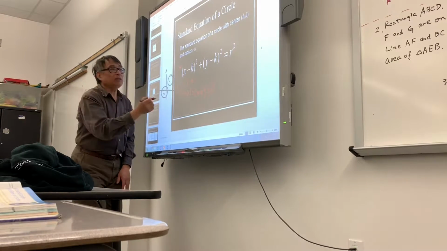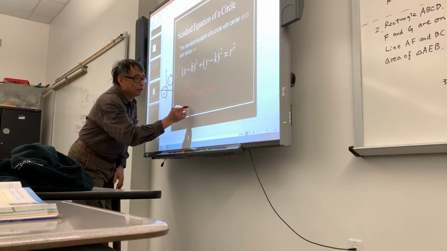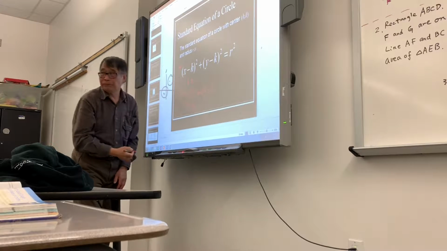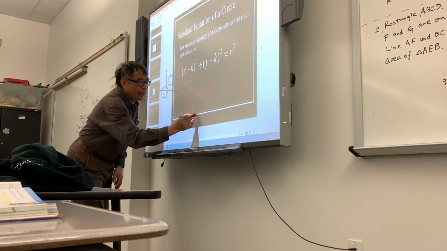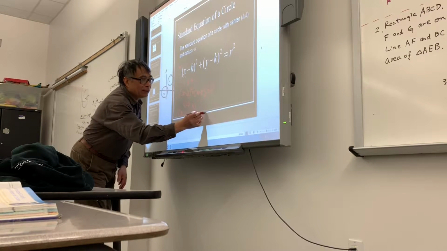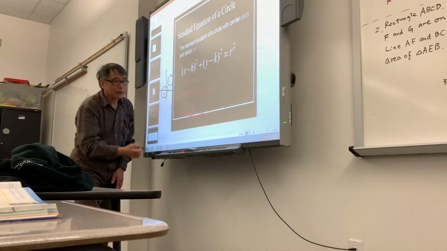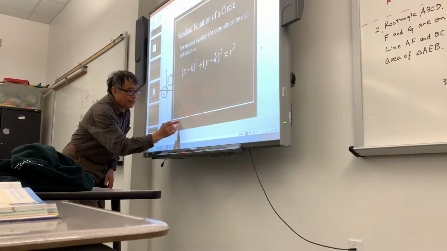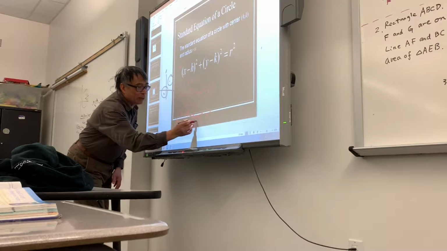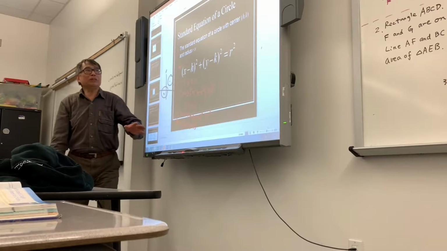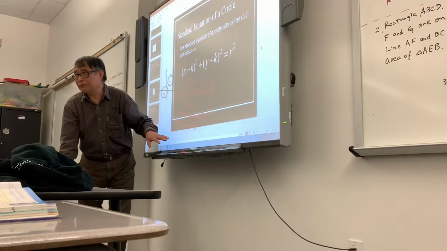But if the center is (negative 2, 4), you get (x minus negative 2) squared plus (y minus 4) squared equals r squared. So this one should be (x plus 2) squared plus (y minus 4) squared. Someone may tell me, Mr., you told me it is minus, why do you get a positive?